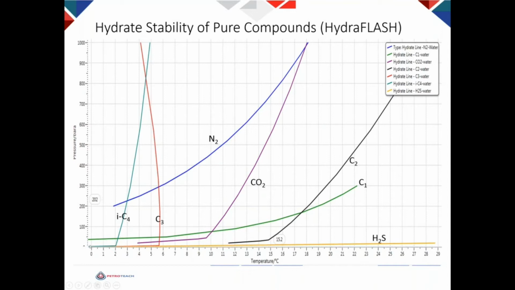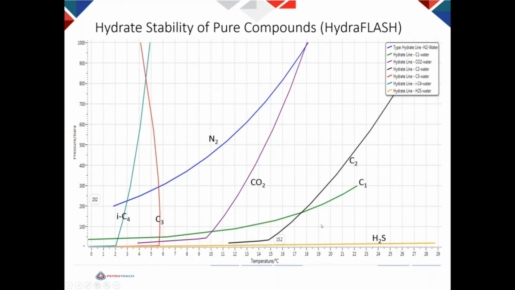So if a hydrocarbon is a mixture of these compounds, depending on the composition and concentration, you can have the hydrate phase boundary of the system somewhere in between. So for example, if it is here, then CO2 is an inhibitor, nitrogen is an inhibitor, but methane is a promoter.